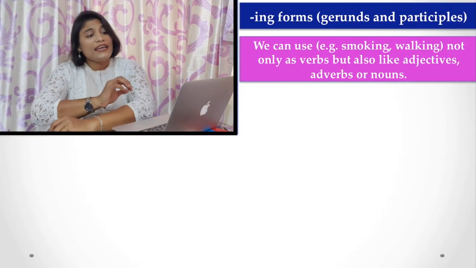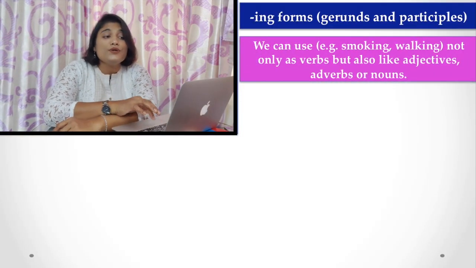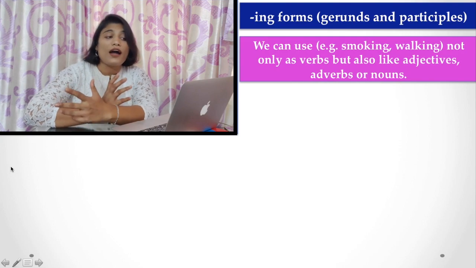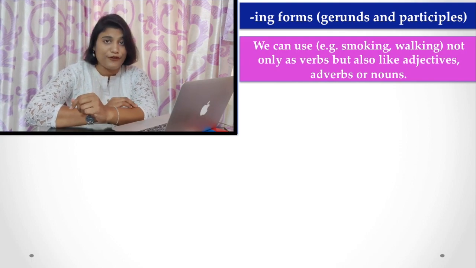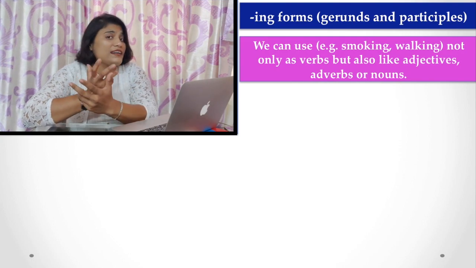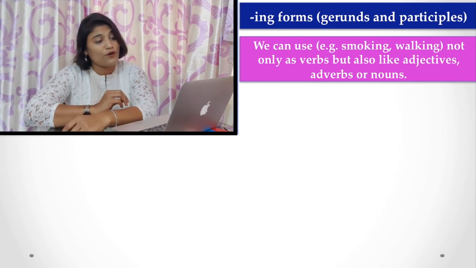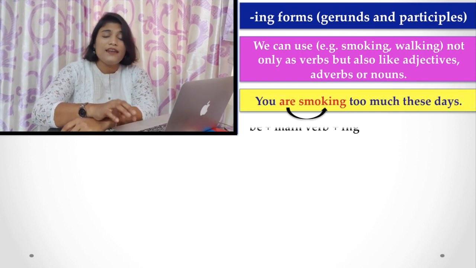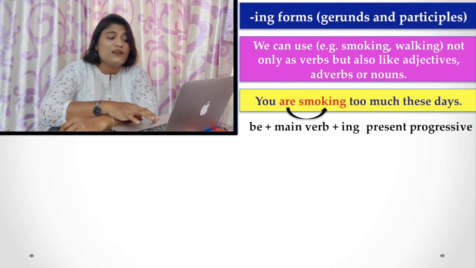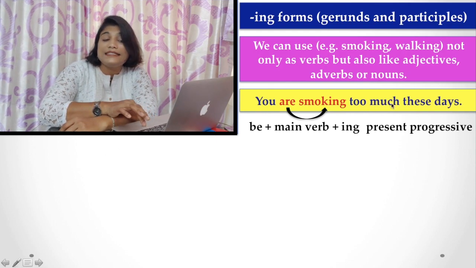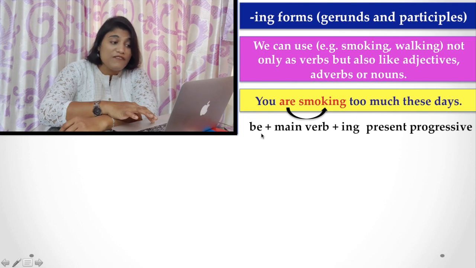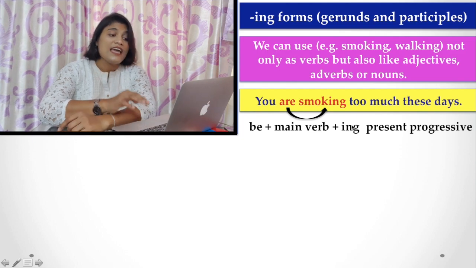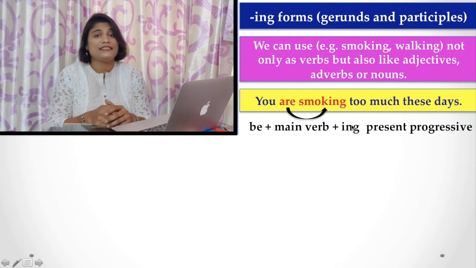Here, the ing forms we use sometimes, smoking, walking, etc., are not only used as a verb. They can act like an adjective, adverb or noun. When we say, you are smoking too much these days, here you find be verb with main verb with ing, and smoking is used as a main verb.